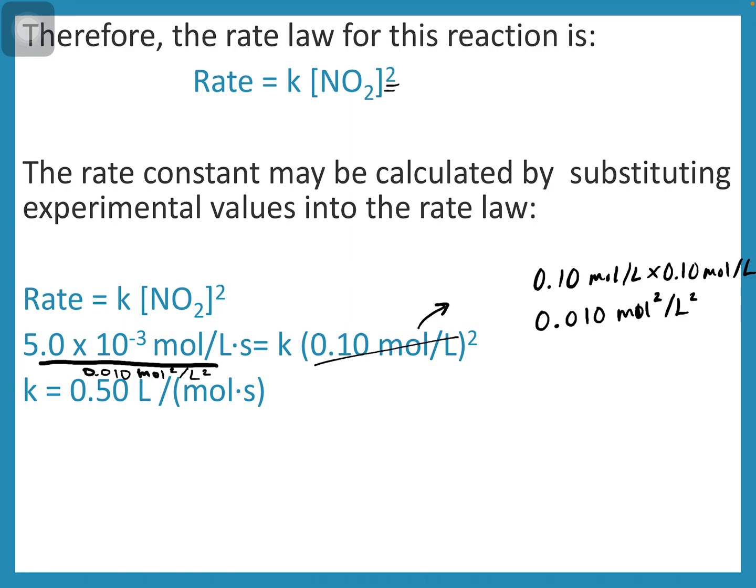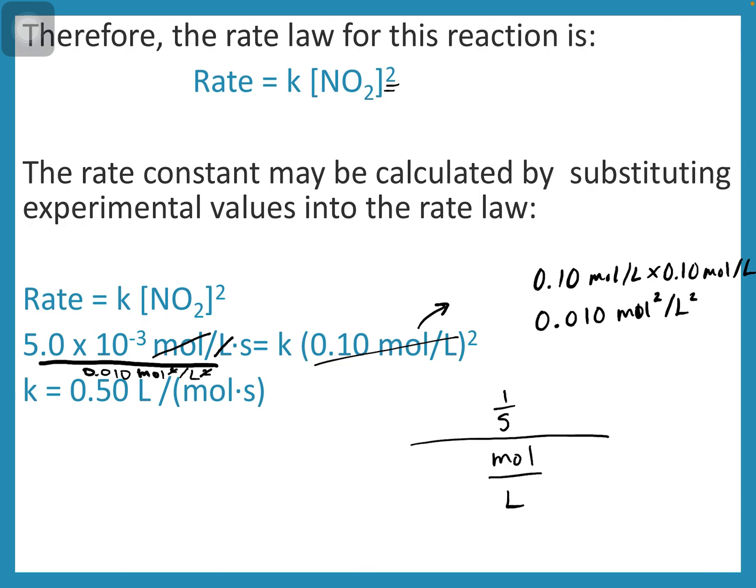So that means I'm going to get rid of a mole here and one of these ones, and get rid of one of the liters from there and one from there. So that means that I have 1 over s left on the top, and in the bottom I have mole per liter.